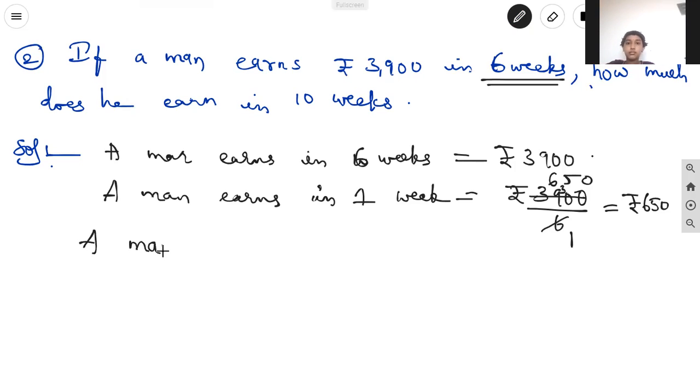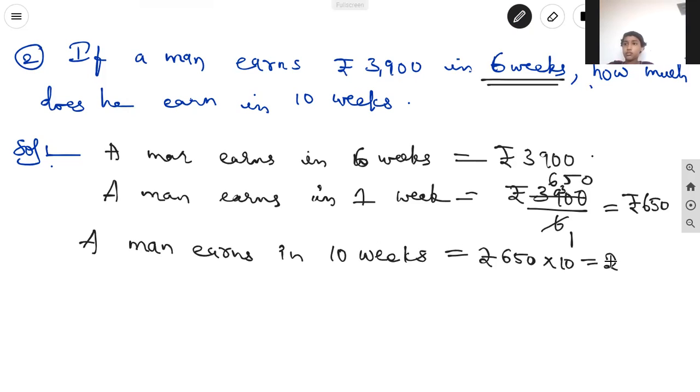So we can find out what a man earns in 10 weeks. 10 weeks means we multiply the 1 week earning amount by 10, and we get the 10 weeks earning amount. That is 6,500 rupees he earns in 10 weeks. Okay. One more problem.